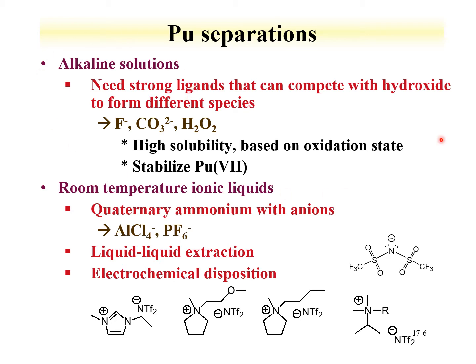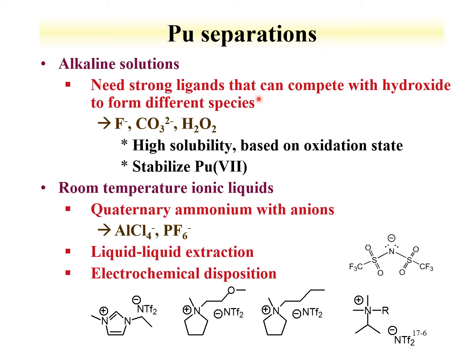Alkaline solution chemistry, often not exploited for separations, can be used in plutonium. One would need strong ligands to compete with the hydroxide formation, so fluoride, carbonate, peroxide species of the actinides are certainly known.